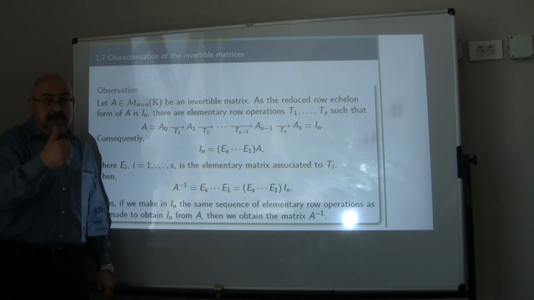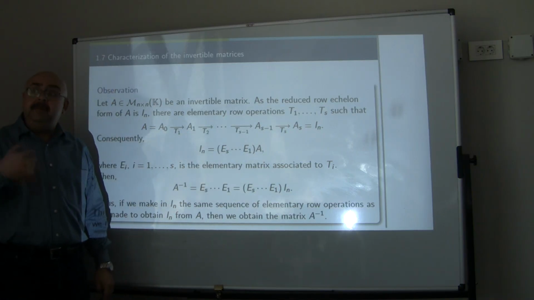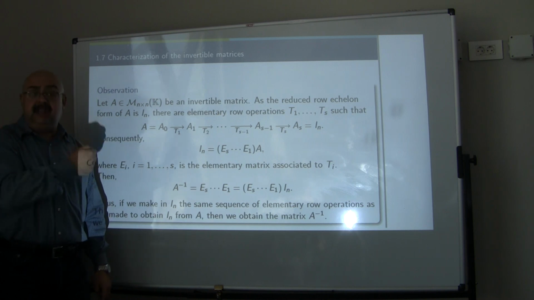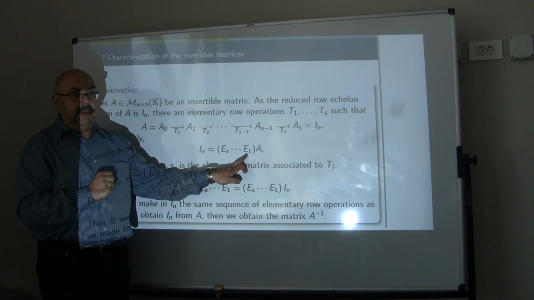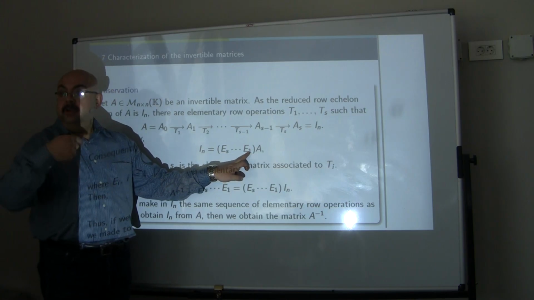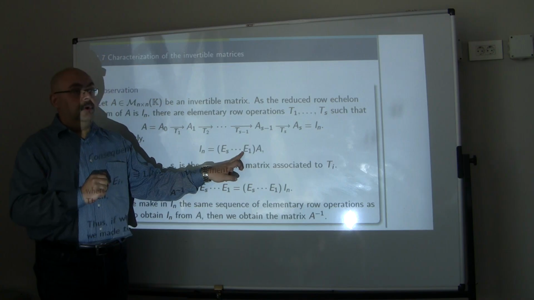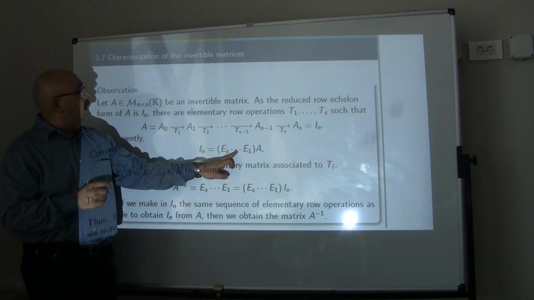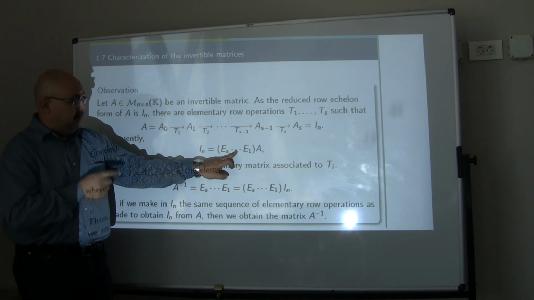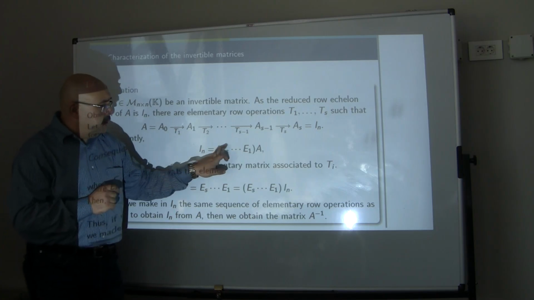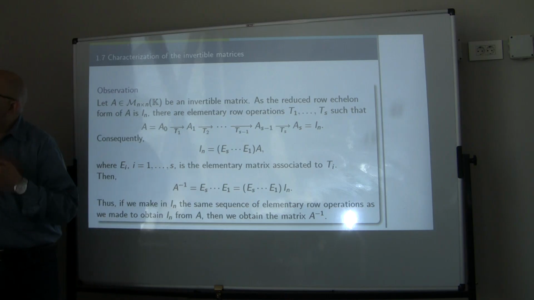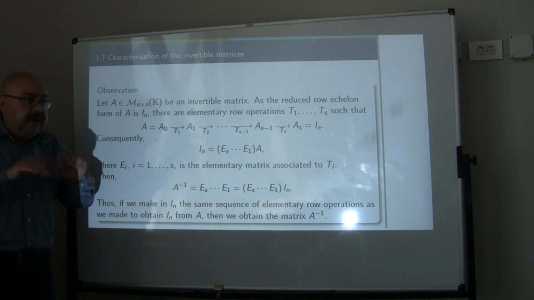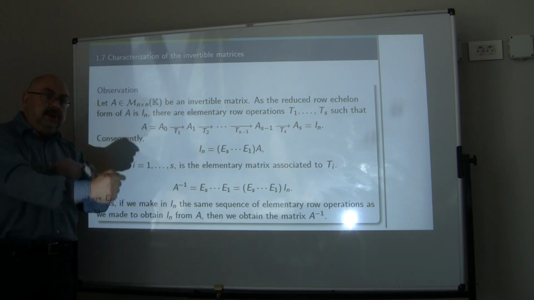So if I choose each one of these matrices to be an elementary matrix, which I will show you in a few seconds, and I start multiplying, this is the first row operation matrix, the second operation matrix, the third, and so on, till you change A to be I, this is the inverse. This is the introduction of how to get an inverse from an n by n matrix, by doing the row operation matrices.